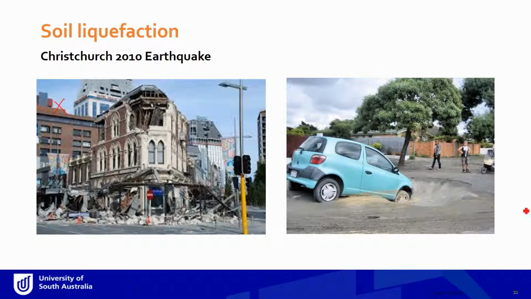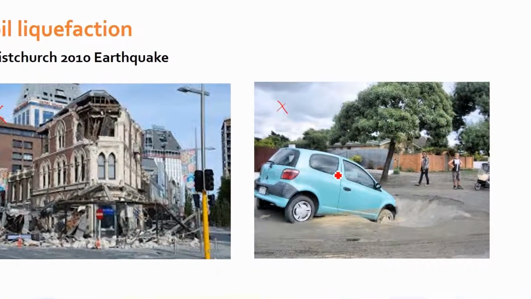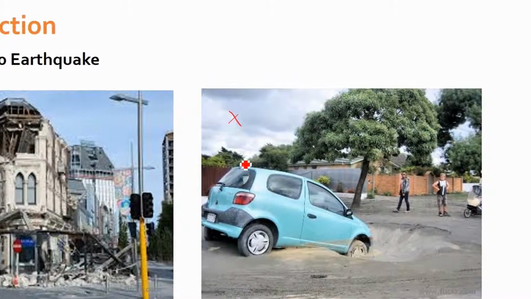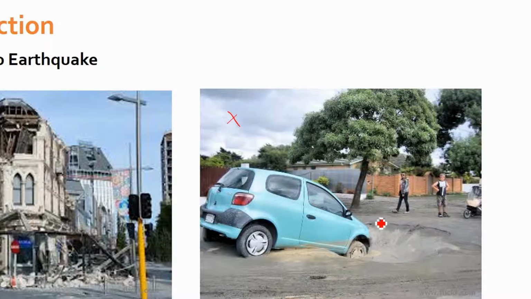We'll be talking about why this happened. Probably the car was parked in there and then something happened in this location, what we call liquefaction. Liquefaction is basically the point at which the soil loses all its strength.